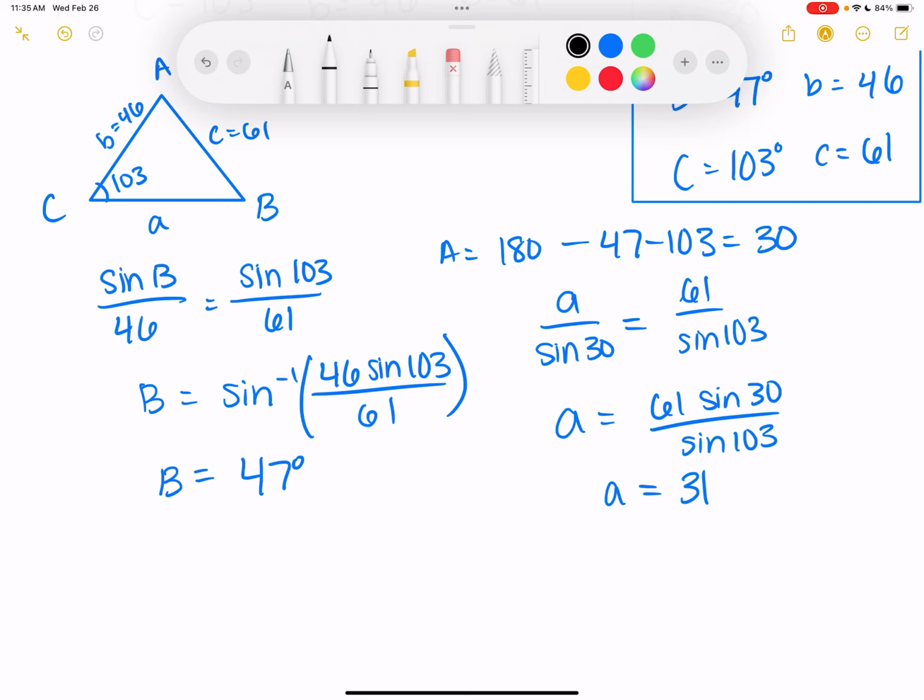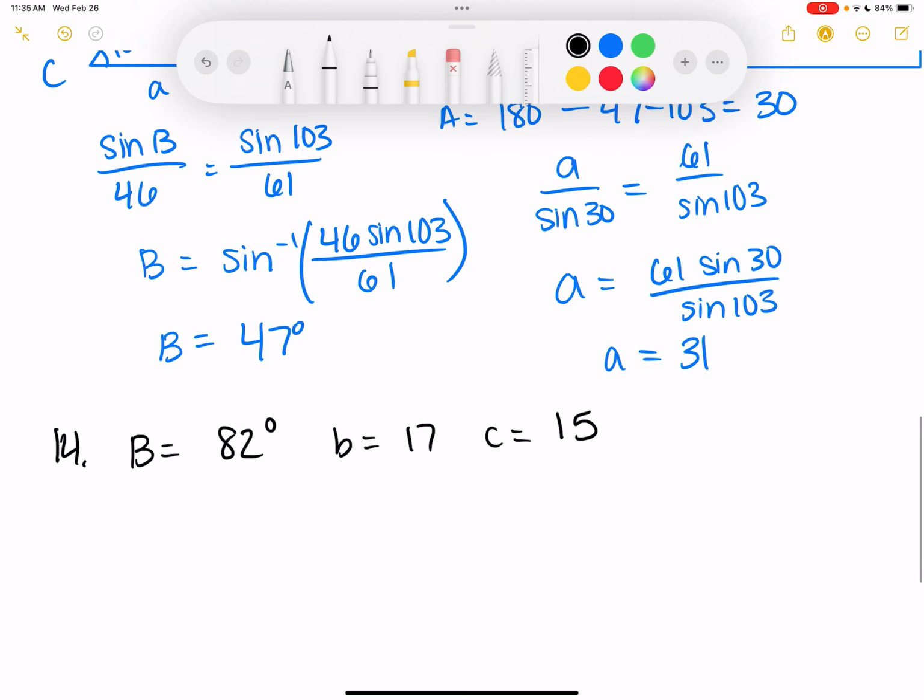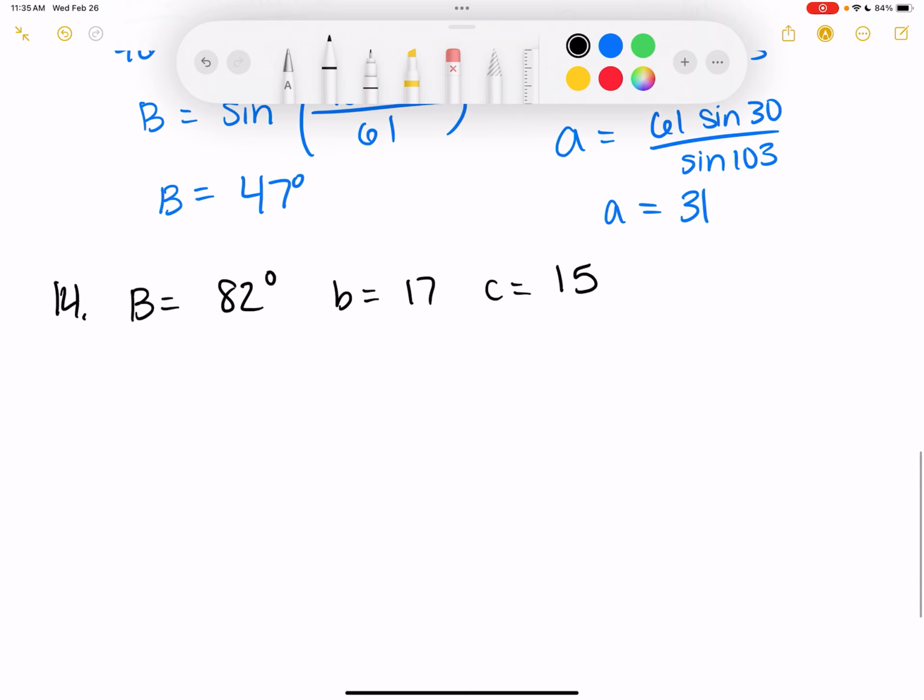All right, number 14. B equals 82 degrees, little b is 17, and little c is 15. So again, we're not actually solving these ones. We're just seeing how many triangles there are. So, obviously, this one is side-side-angle.